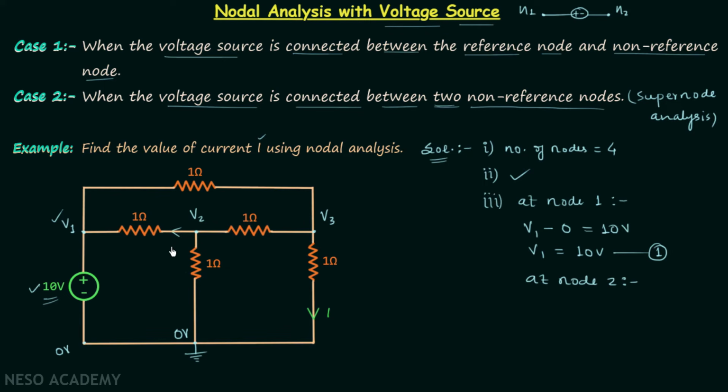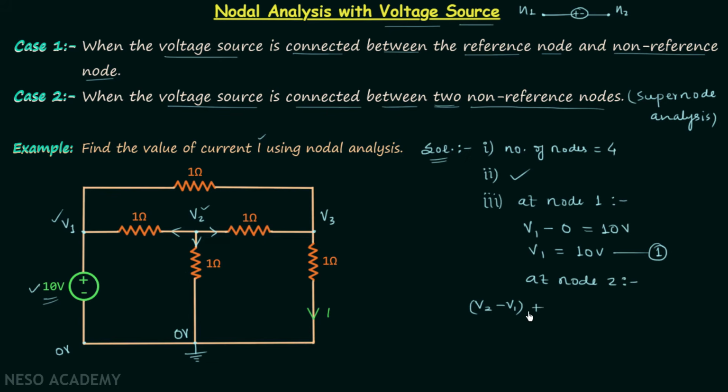And we assume V2 to be the largest voltage. Therefore, currents will leave this node. And according to KCL, sum of this current, and this current will be equal to 0. And we know this current is equal to V2 minus V1 divided by 1. So we can write V2 minus V1.